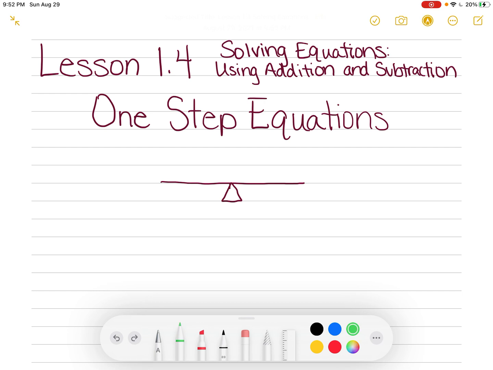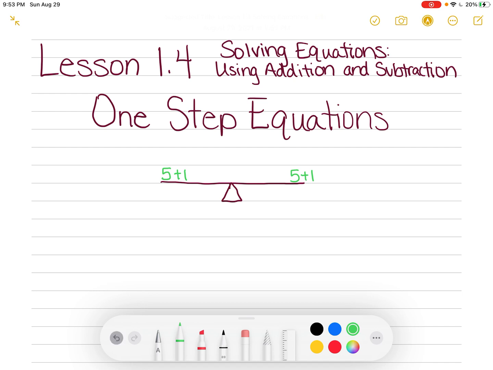Okay, so on a balance, if I had 5 on this side, then I would need 5 on this side, right? I can't put more on one side or it's going to tip, and I don't want this to tip. I want it to stay the same. Okay, so when we're doing equations, we're going to have numbers on both sides of the equal sign, and we want our equation to always stay balanced. So if I add 1 to this side, then I need to add 1 to this side also to keep it balanced.